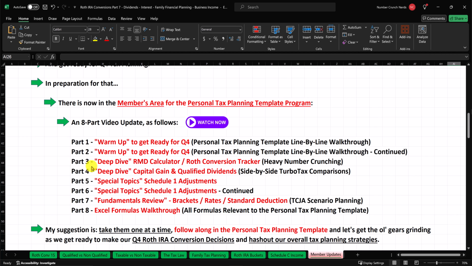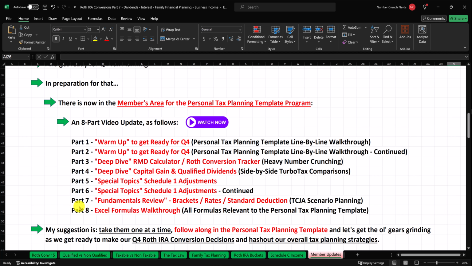Then in part 3, we're going to do a deep dive into the RMD calculator and the Roth conversion tracker with heavy number crunching promised. In part 4, we're going to continue our deep dive with capital gain and qualified dividends, including side-by-side TurboTax comparisons. Then parts 5 and 6 are going to be special topics where we're going to do Schedule 1 adjustments back to back in 2 videos.